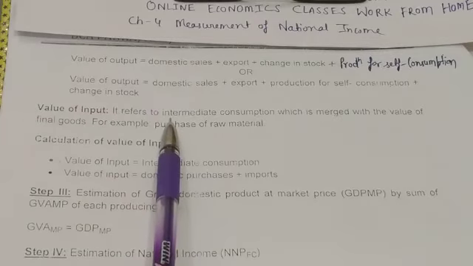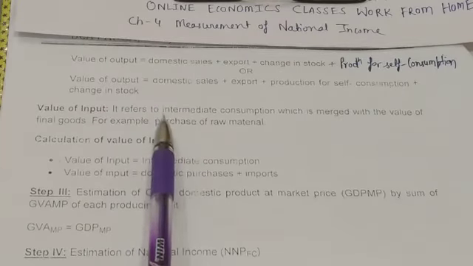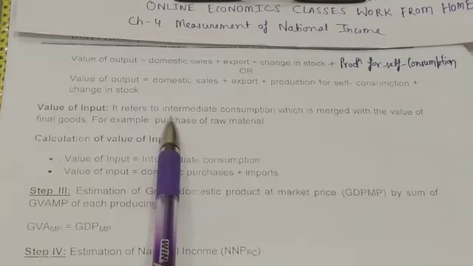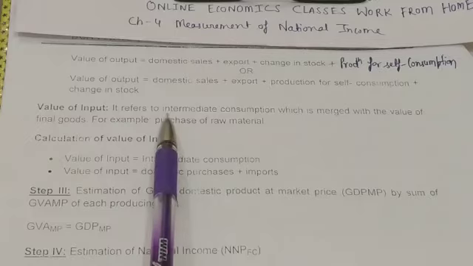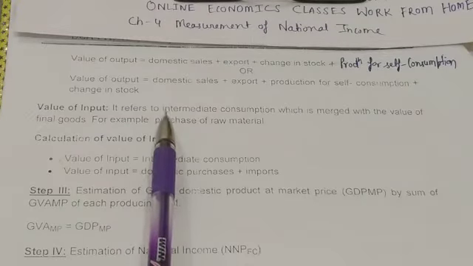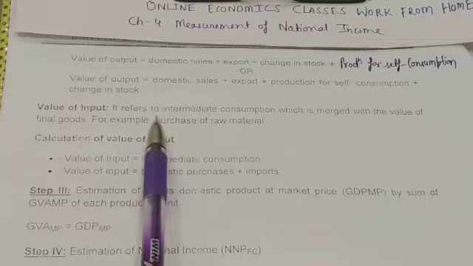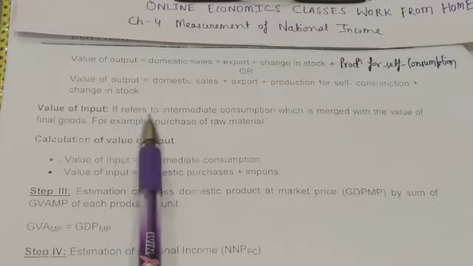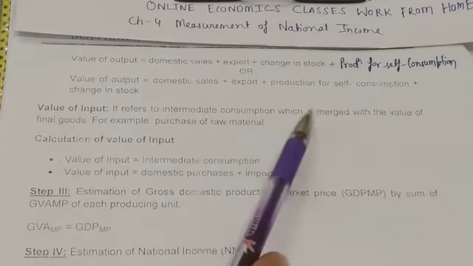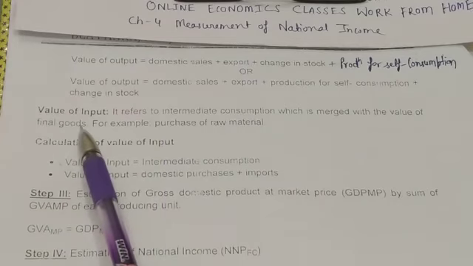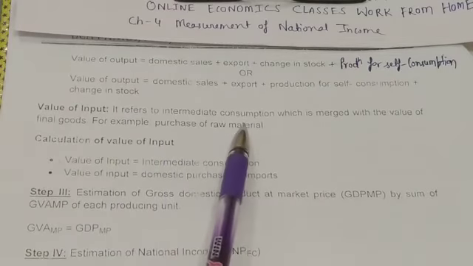There is no need to cram economics. Just learn it. If you learn economics, I assure you, you will never forget economics. Listen carefully. It refers to intermediate consumption which is merged with the value of final goods. For example, purchase of raw material.